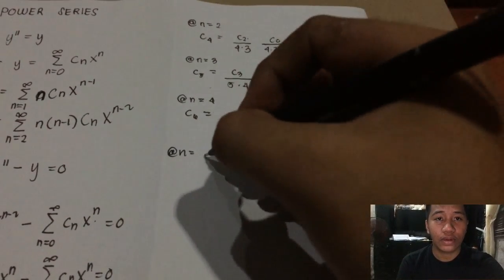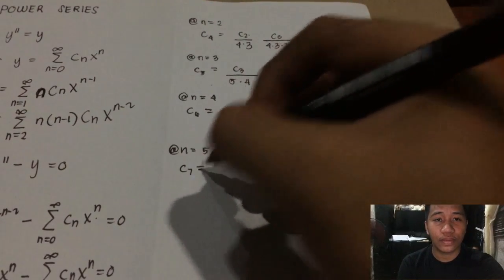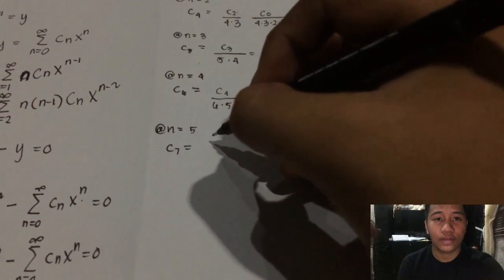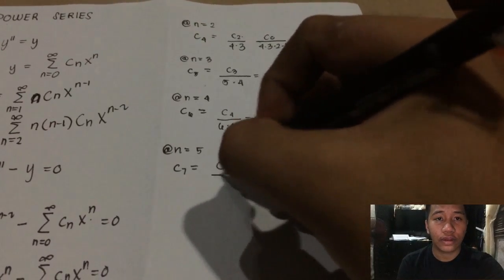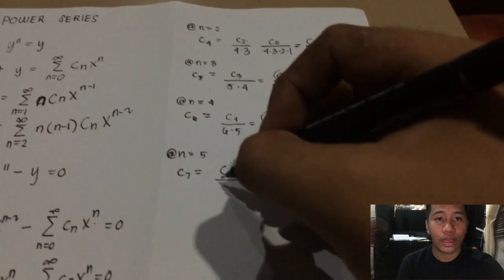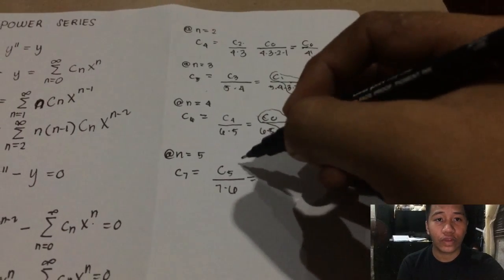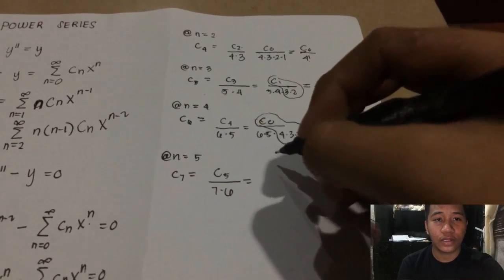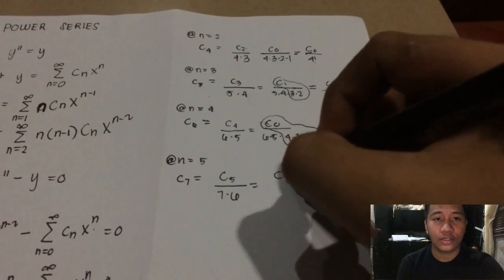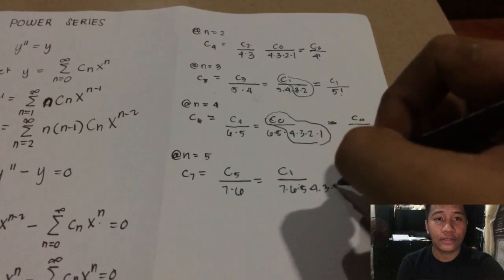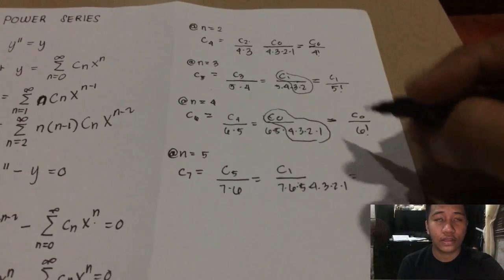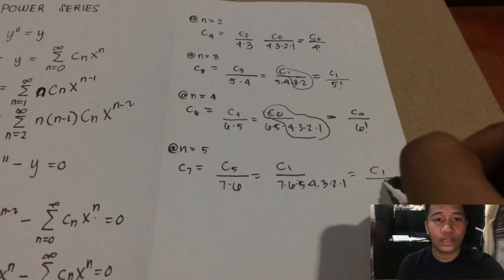At n equal to 5, c sub 7 is equal to c sub 5 over 7 times 6, where c sub 5 is c sub 1 over 5 factorial. So c sub 1 over 7 times 6 times 5 times 4 times 3 times 2 times 1, which is c sub 1 over 7 factorial.